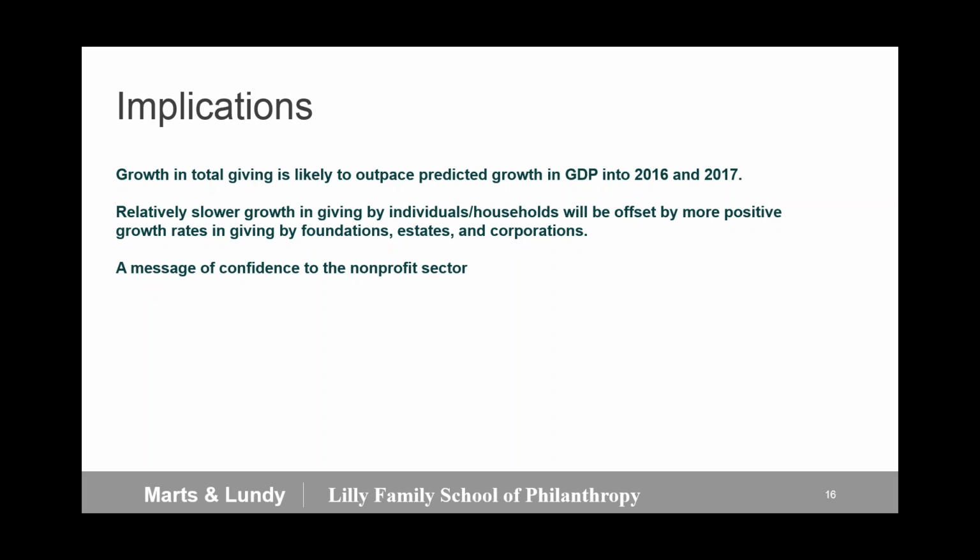In fact, in 2016 and 2017, foundation giving is expected to rise to more than 16% of total giving, nearly a 2 percentage point increase over the proportion realized in 2014. Corporate giving is projected to grow steadily and will remain about 5% of total giving, but we see considerable change in how corporations are giving.